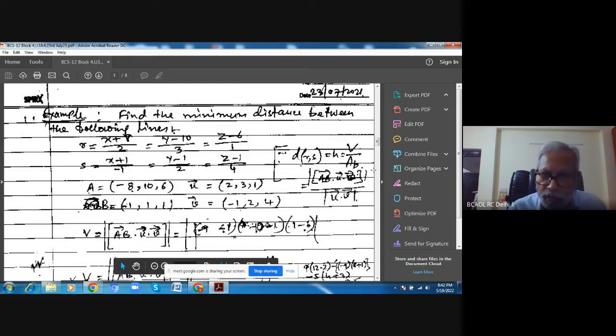So V is equal to, you can put the value in this one, okay? Because V is equal to V by AB. So V is equal to this part, you can get it.